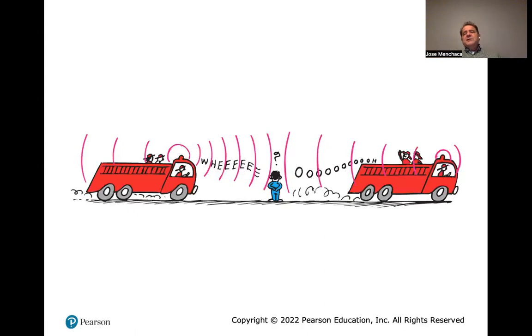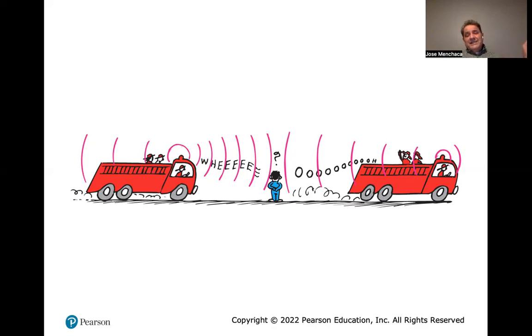It doesn't necessarily have to be a siren or a whistle or anything like that. If you've ever been stranded on the side of a highway, you had to pull over to change a tire or something like that, you'll hear the cars passing by you.